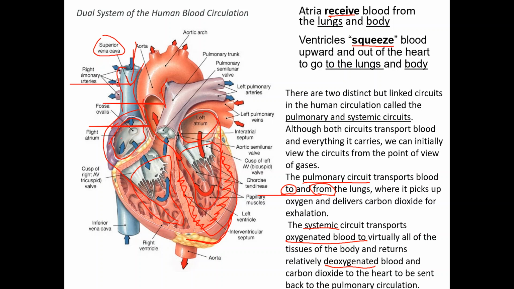And the unoxygenated or carbon dioxide rich blood obviously needs to be sent to the lungs in order to be oxygenated. The atrium is just a receiving chamber, so from the right atrium the blood flows down with a small, not so strong pumping, because it only has to travel a very short distance.